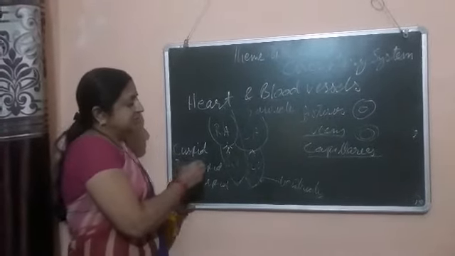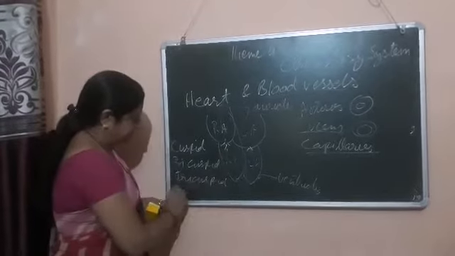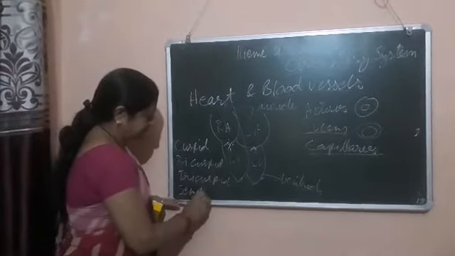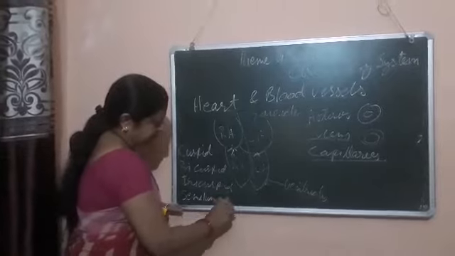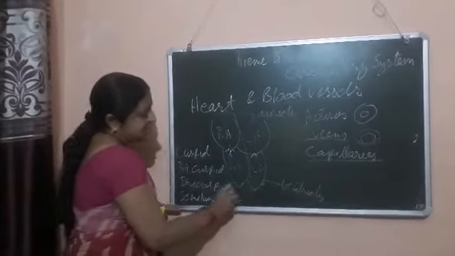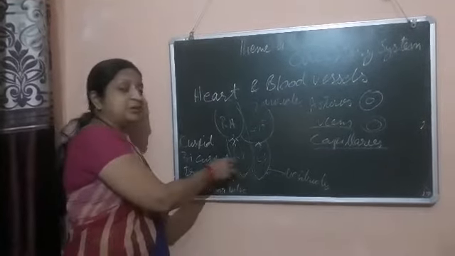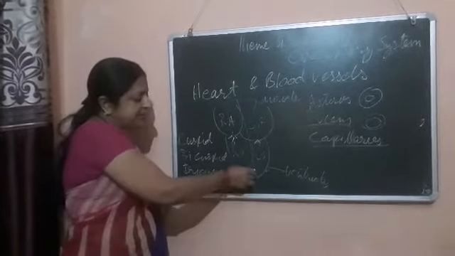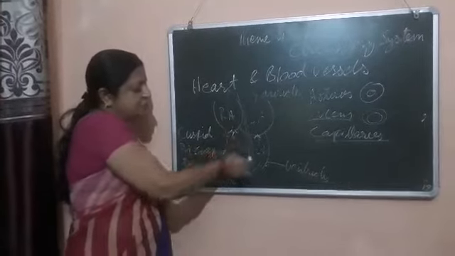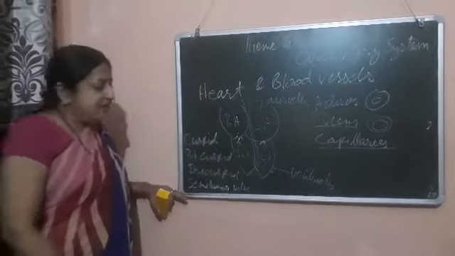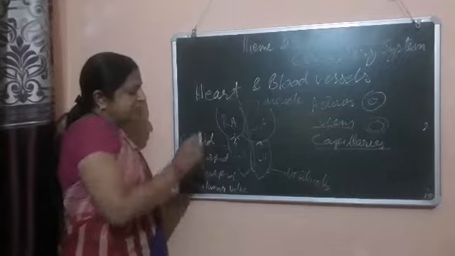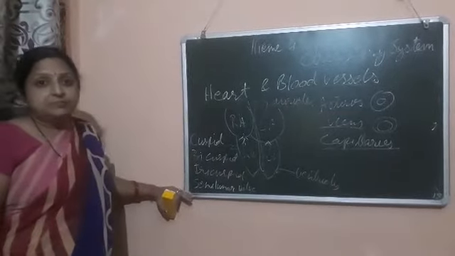And the second valve is the semilunar valve. These semilunar valves are present in the aorta and pulmonary artery. Aorta comes out from the left ventricle, whereas pulmonary artery comes out from the right ventricle.